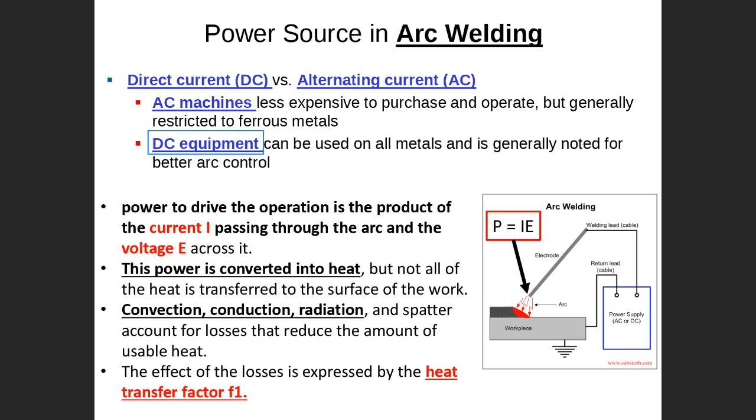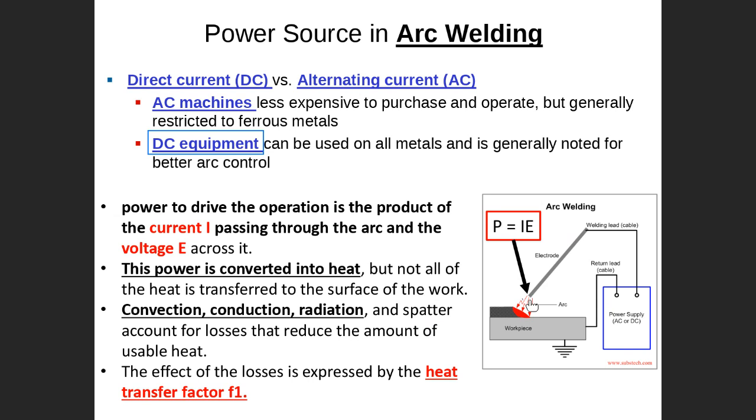Most commonly used in welding is DC equipment or DC current or DC power supply, and can be used for all metals. But AC is always used only with ferrous material. DC is more common, more expensive, but very commonly used, can be used with all materials.